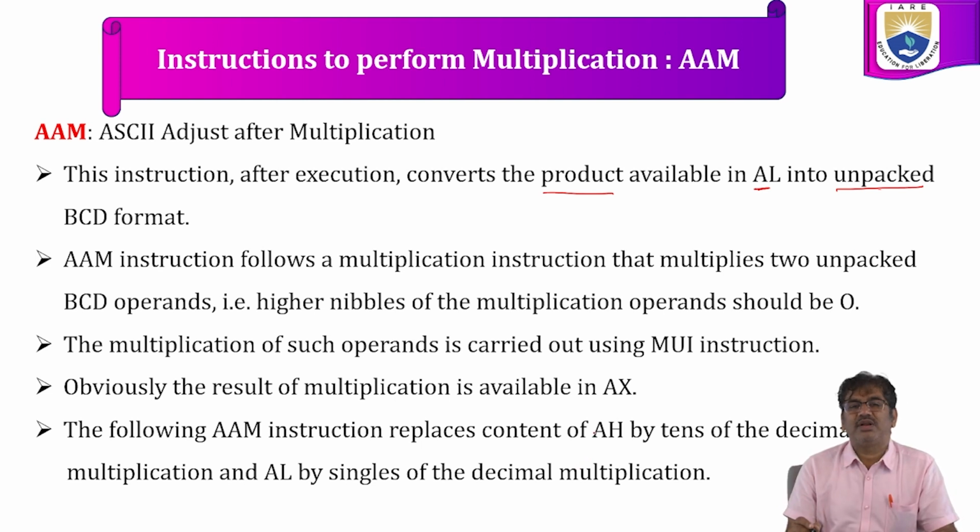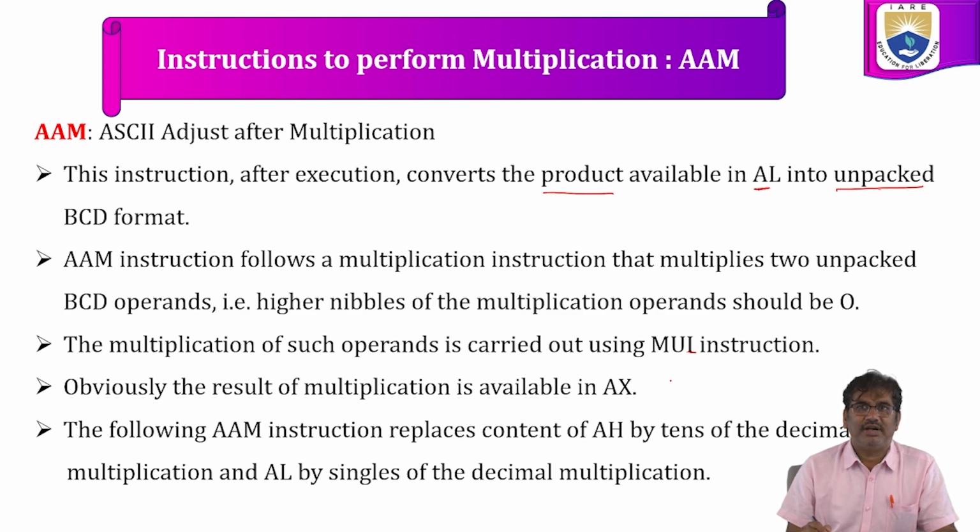Packed BCD format means each BCD digit is represented with 4 bits, whereas in unpacked, each and every digit is represented as 8 bits. The AAM instruction follows a multiplication instruction that multiplies two unpacked BCD operands, that is, the higher nibble of the multiplication operand should be 0. The multiplication of such operands is carried out using the MUL instruction.